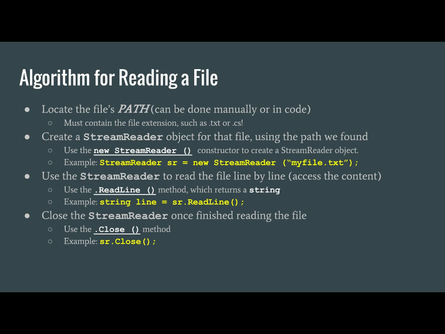The system keeps track of which line you're reading, and the number of times you call this method is the number of the line you're reading. So if you call it 4 times and then you call the 5th time, you're going to read the 5th line. Make sense? So if you did string line2 equals sr.readLine, it would read the second line. Yes.